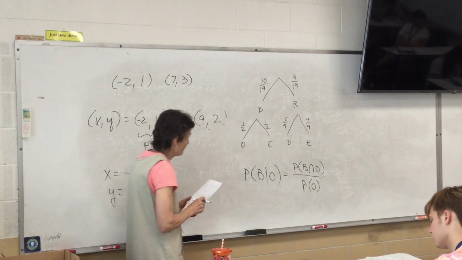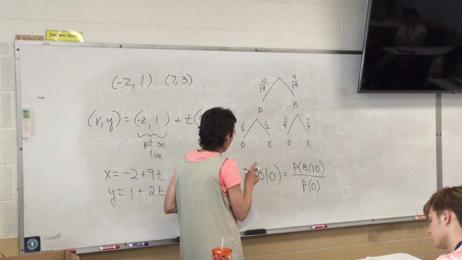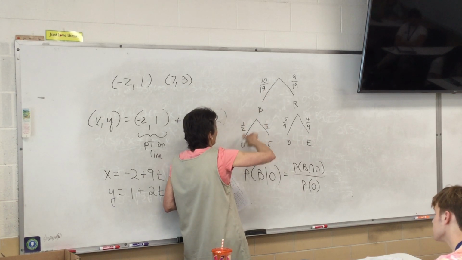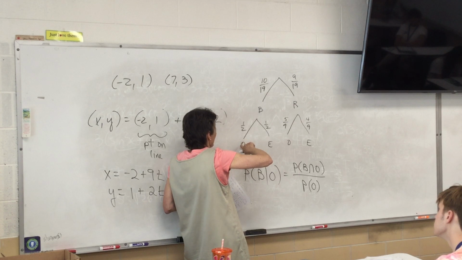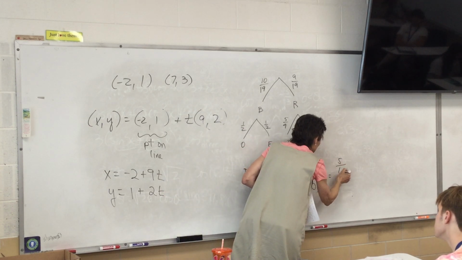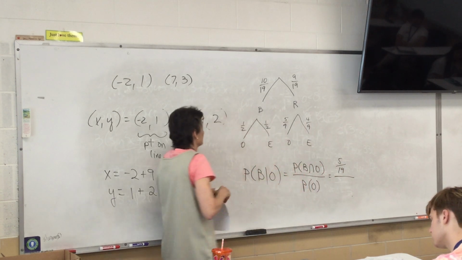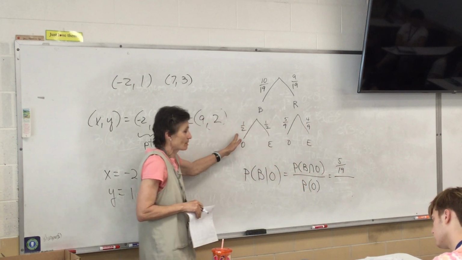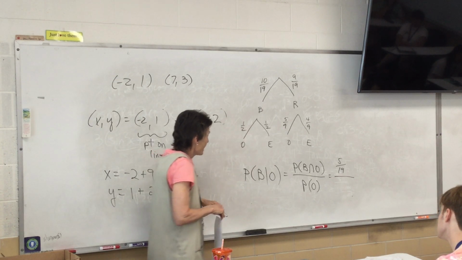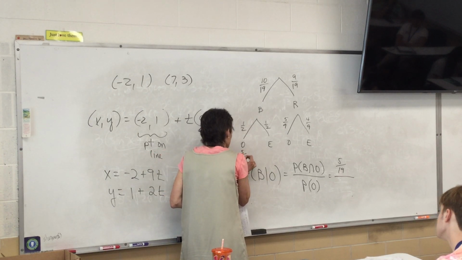Okay, so what's the probability of blue and odd? Wouldn't that be this right here? So what is that? 5 19ths? Blue times, or 10 19ths times 1/2. So this one's 5 19ths, all right.